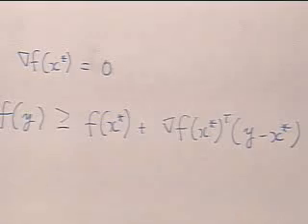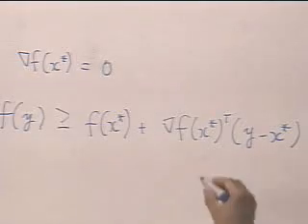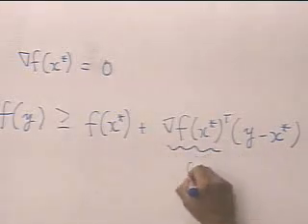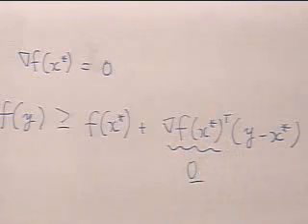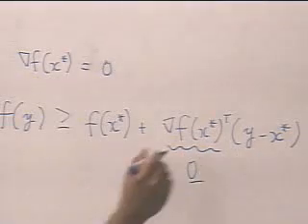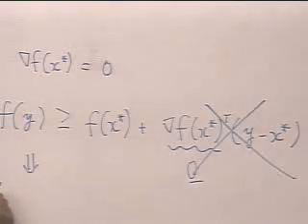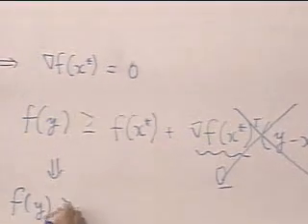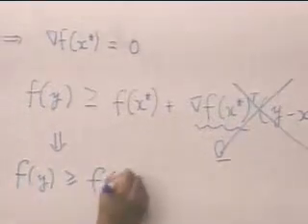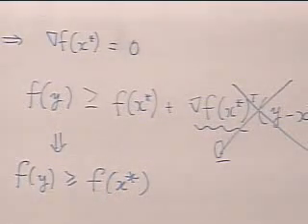Instead of x, I wrote out that expression for x star. By the fact that x star is a local minimum, I know that this vector is the 0 vector. Therefore, this expression drops out, and I end up getting that f of y is greater than or equal to f of x star. So it's a global minimum. So this should have been a minimum rather than a maximum.